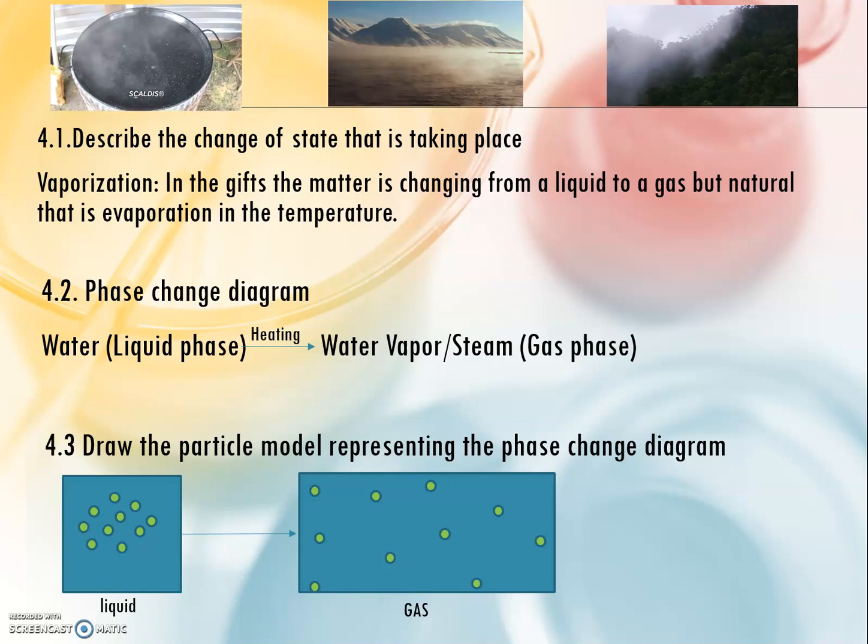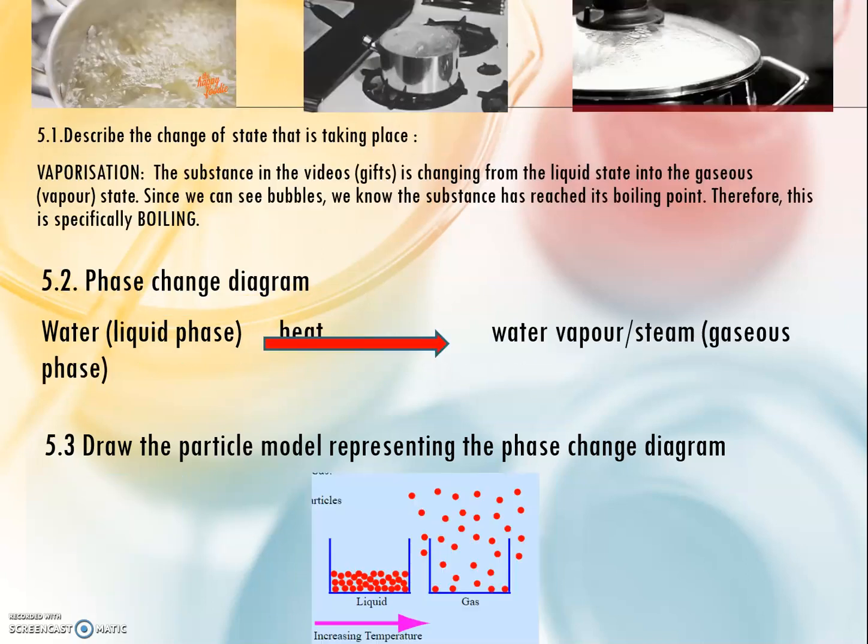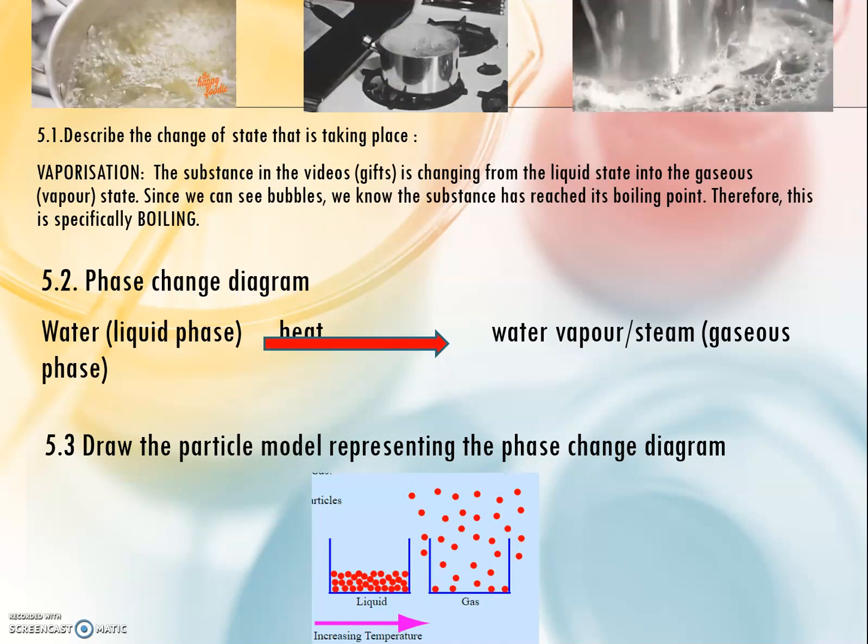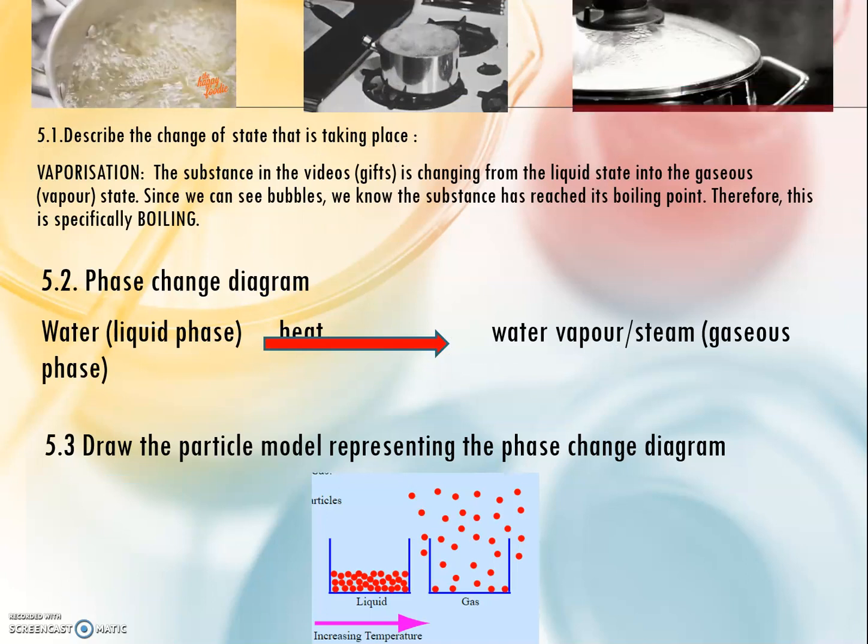Draw the particle model representing the phase change diagram. The liquid has the particles apart and tries to attract, and the gas has the particles far apart and tries to attract, but it is not possible. This is the example of the mist.